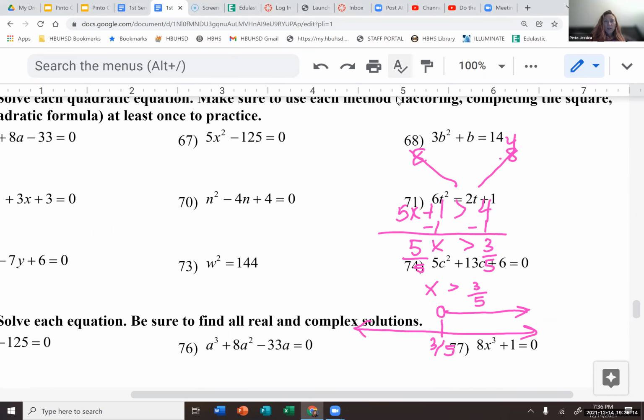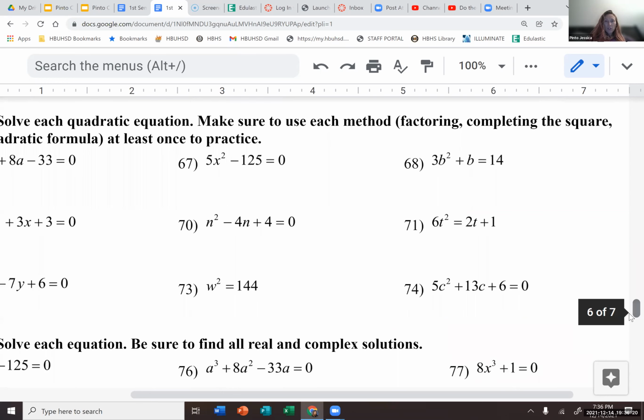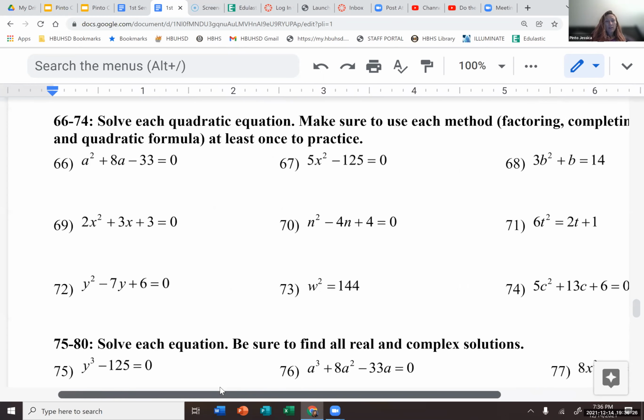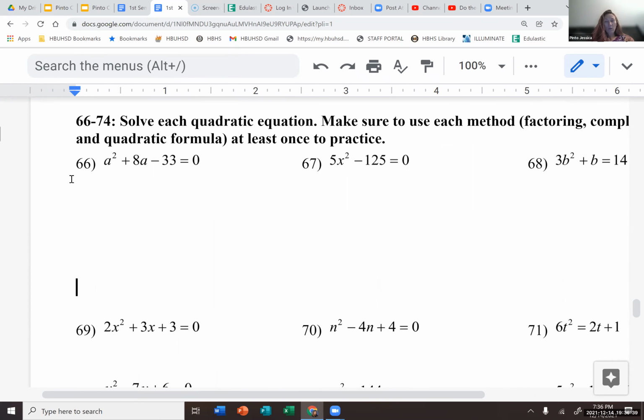Okay, so now we're back in unit 3 for fully. It says solve each quadratic equation. Make sure to use each method at least once to practice. Okay, so I'll practice 66 with the completing the square pattern, since that one has an a value of 1 and then an even b value.